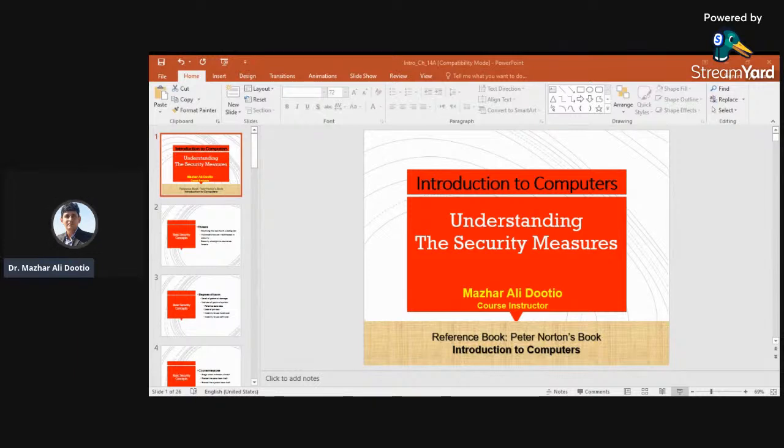Commonly we call it DDoS, which means distributed denial of service. It occurs when multiple systems flood the bandwidth or resources of a targeted system, usually one or more web servers.